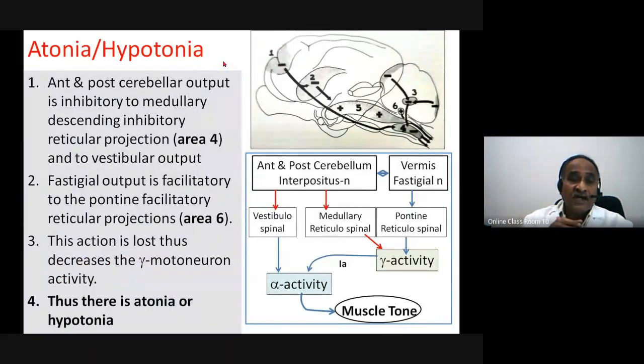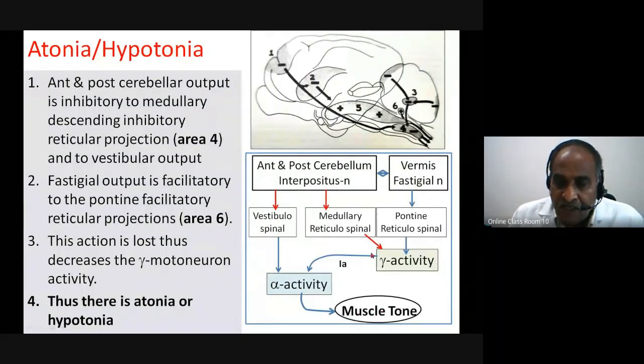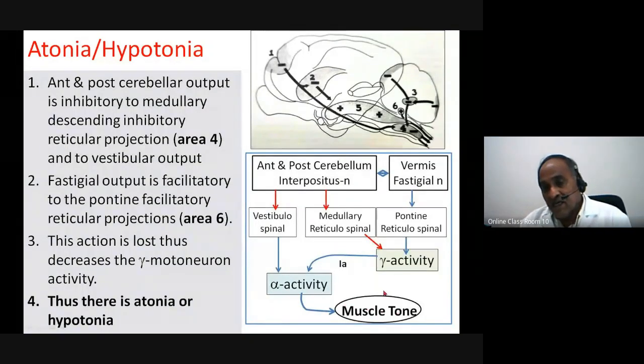Now, another important sign of a cerebellar disease is atonia. What is muscle tone? Muscle tone is a composite of the activity of the intrafusal fibers and extrafusal fibers. These intrafusal fibers are the muscle spindles. They are constantly under the influence of the gamma motor neuron activity.